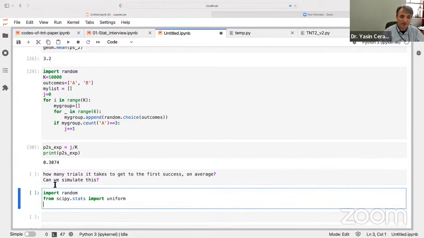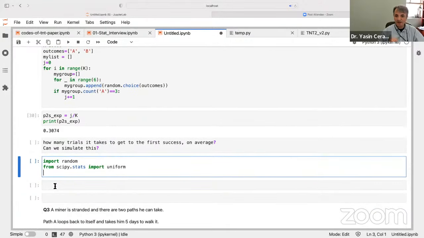Now what I'm gonna do is, I'm going to pick a random number from this uniform distribution. So remember, between 0 and 1, it's equally likely for me to pick any number. I'm gonna compare this number with my probability of failure. If this number is less than probability of failure, then I will assume that I failed in this experiment.